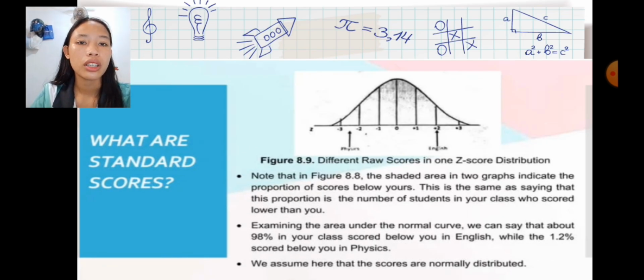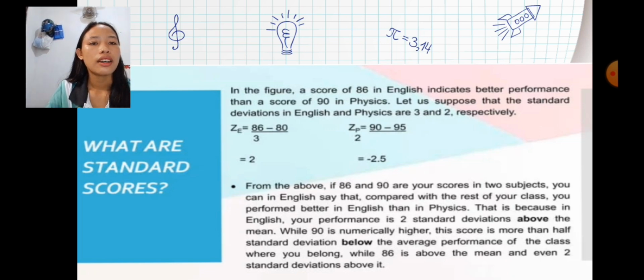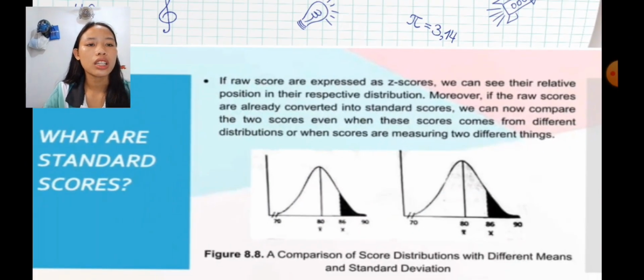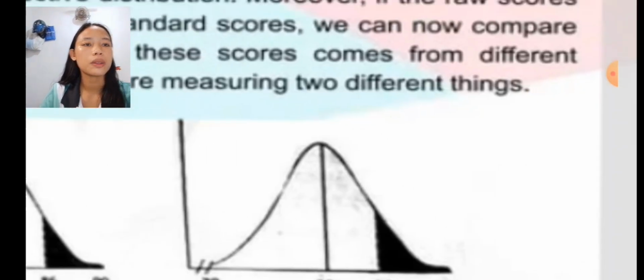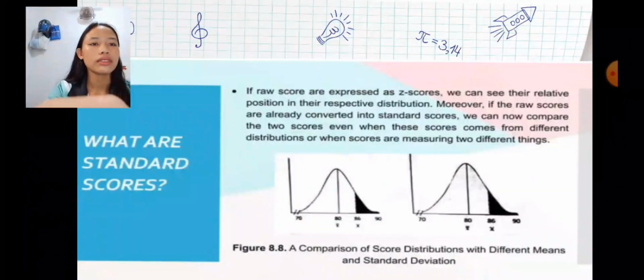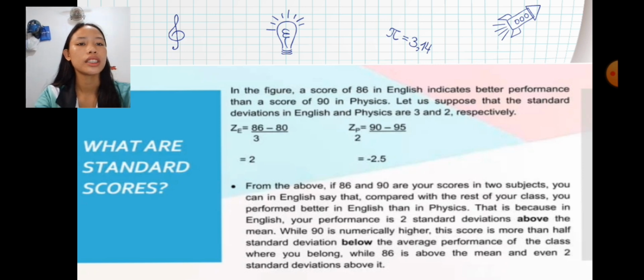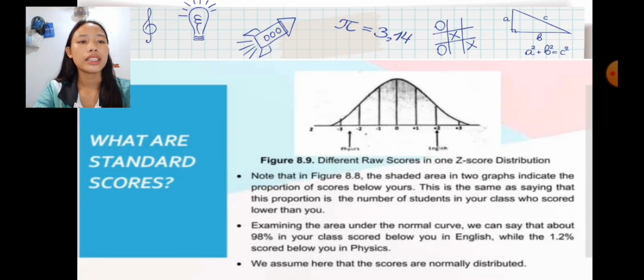So what are standard scores? We have here figure 8.9, different raw scores in one z-score distribution. Note that in figure 8.8, the shaded area in the two graphs indicates the proportion of scores below yours.